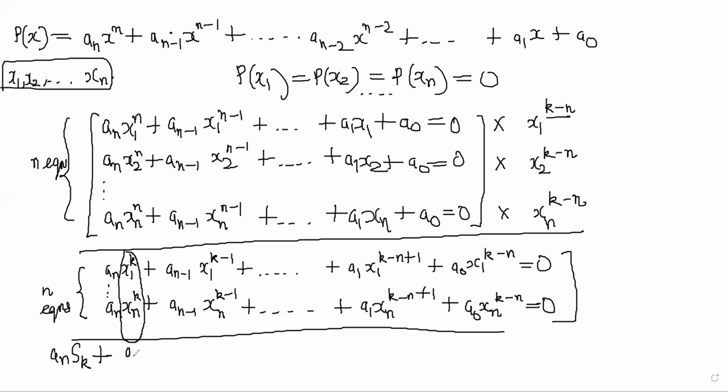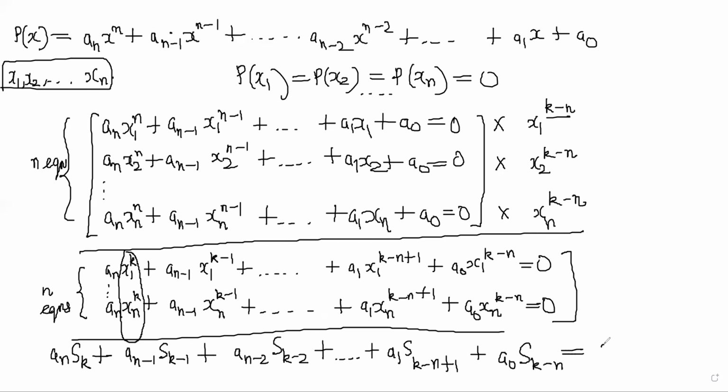This becomes an minus 1 s of k minus 1. This becomes an minus 2 s of k minus 2. And so on till you get a1 into s of k minus n plus 1. And finally, a0 s of k minus n is equal to 0.